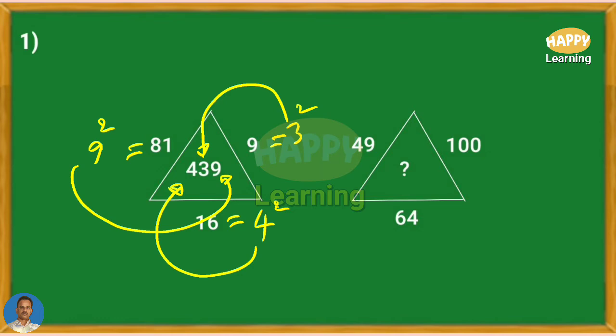Similarly, let us write 100 as 10 square, 64 as 8 square, and 49 equal to 7 square.